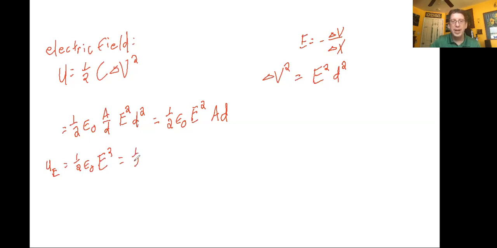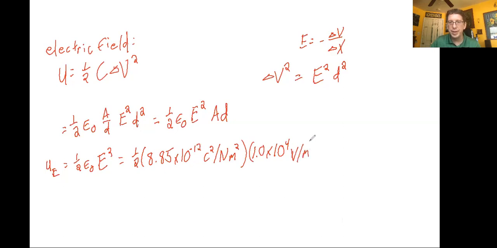So that's 1/2 times epsilon naught, and epsilon naught is 8.85 times 10 to the negative 12 coulombs squared per Newton meter squared. And you're multiplying that by E, and we're told E is 1.0 times 10 to the 4 volts per meter, excuse me, and you're squaring that.